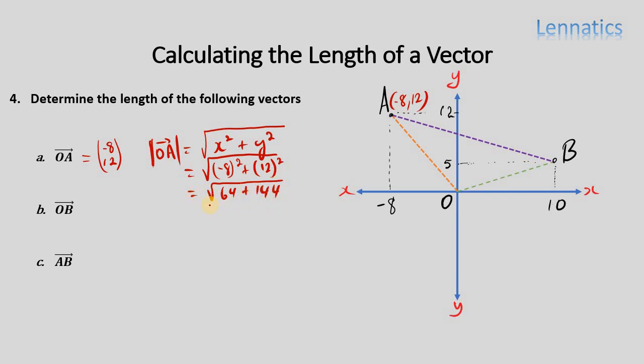When we add the ones column, 4 plus 4 is 8. Then the tens column, 4 plus 6 is 10. Carry the 1 and put down the 0, and that 1 plus the 1 in the hundreds column will be 2. So square root of 208.